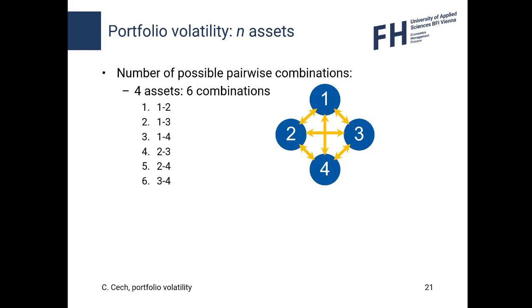When we have 4 assets, there are 6 possible pairwise combinations: 1,2; 1,3; 1,4; 2,3; 2,4; and 3,4.